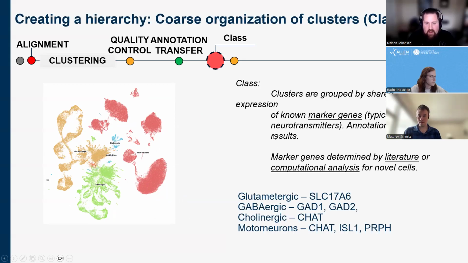So the annotation transfer might not have had this high level. So we go back and look at marker genes for these various, we call at least class level of the hierarchy.